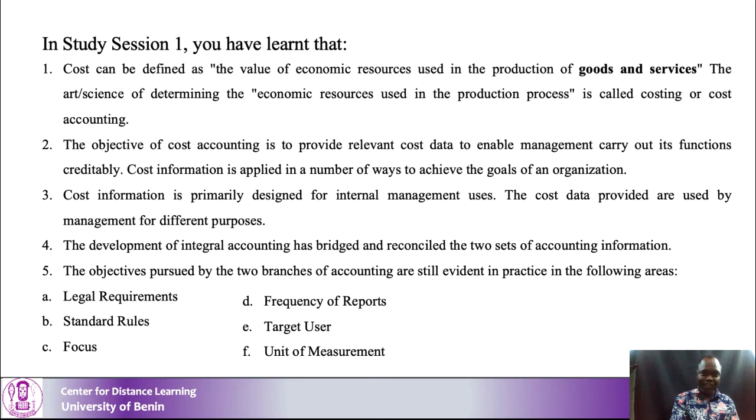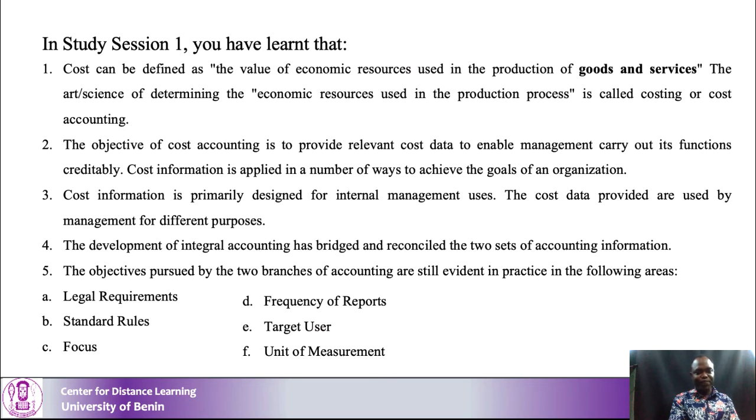We also looked at the objective of cost accounting, and we said it is to provide relevant cost data to enable management carry out its function creditably. Cost information is applied in a number of ways to achieve the goal of an organization. Cost information is primarily designed for internal management use. The cost data provided are used by management for different purposes.